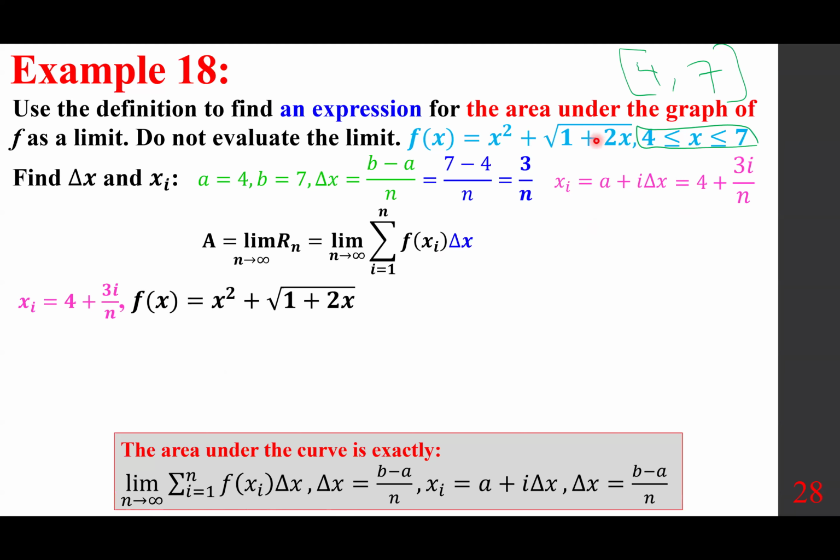So we write x sub i is 4 plus 3i over n, and f of x is this function x squared plus the square root of 1 plus 2x. So we are going to replace each x with this expression. So replace it here and here. So f of x sub i would be, this one would be 4 plus 3i over n to the power of 2 plus the square root of 1 plus 2 times this expression.